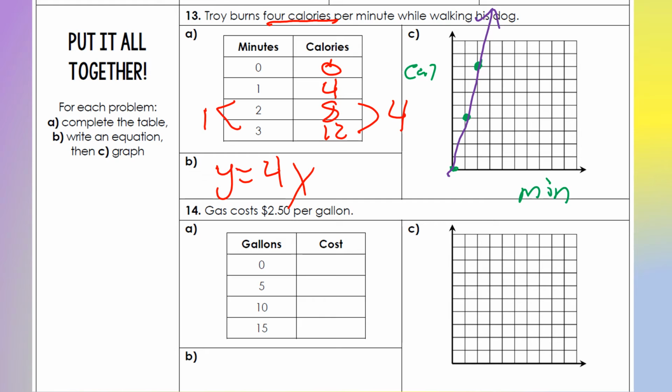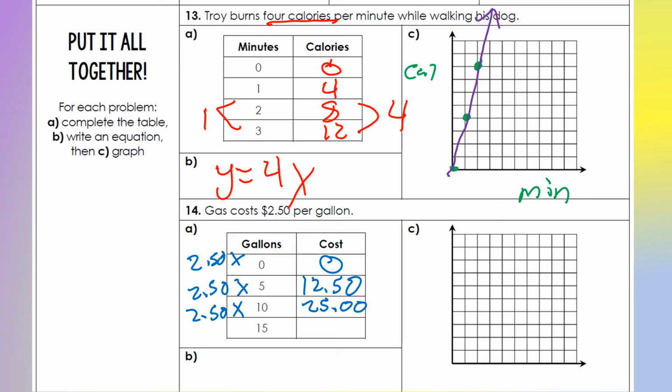Gas cost is $2.50 per gallon. So I'm just going to multiply 2.50 times each of these things. 2.50 times 0 equals 0. 2.50 times 5, use my calculator. 12.50. 2.50 times 10 must be 2 times 5, so that will be twice as much as 5 was, which is $25.